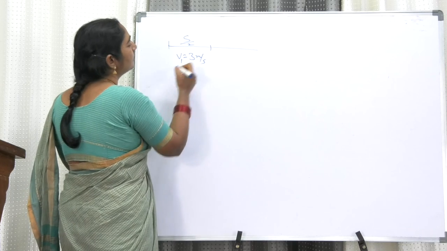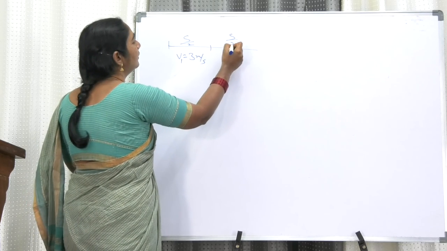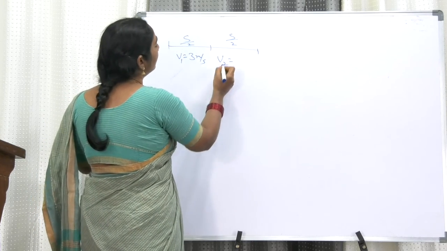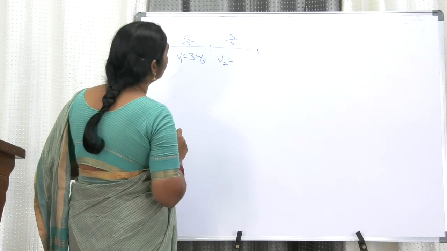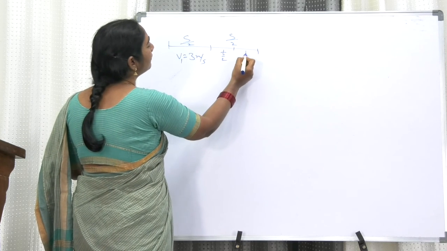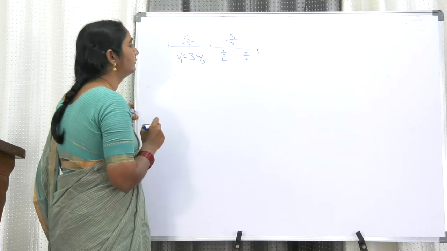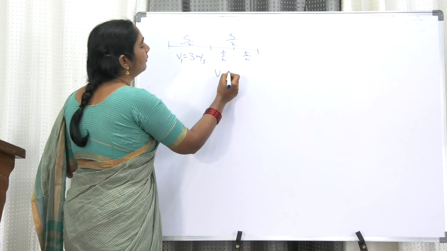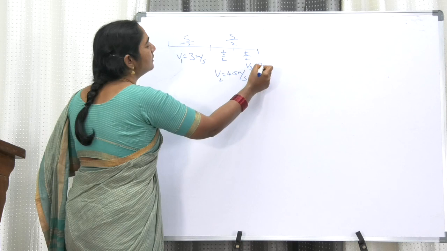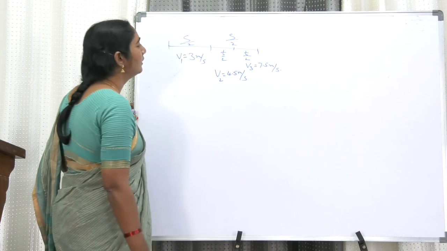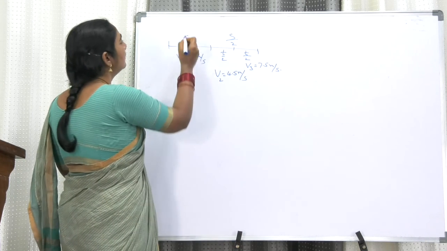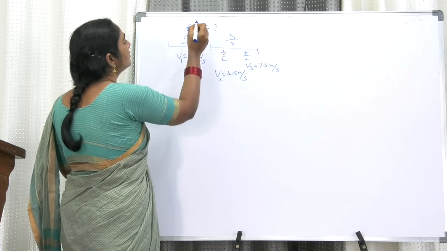The other half of the distance is covered in 2 equal time intervals, so half the time and half the time, with speeds 4.5 meter per second and 7.5 meter per second. Find the average speed of the particle during the complete motion. Now the average speed is equal to how much?